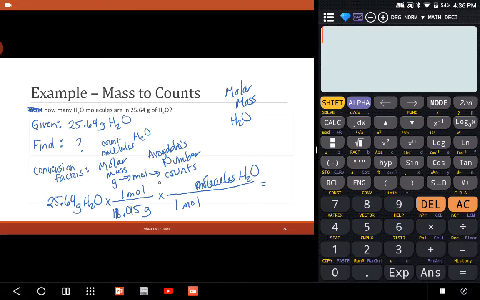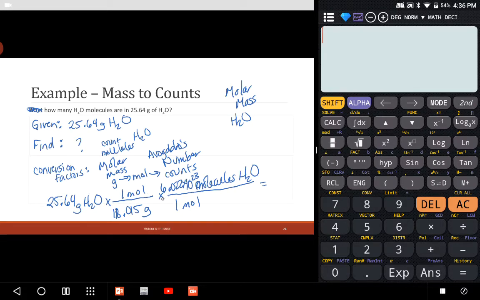And so then we need Avogadro's number, which is 6.022 times 10 to the 23rd power. If we didn't know that molar mass, we could also calculate it from the periodic table by adding up the mass of one oxygen and two hydrogens and ending up with that value.